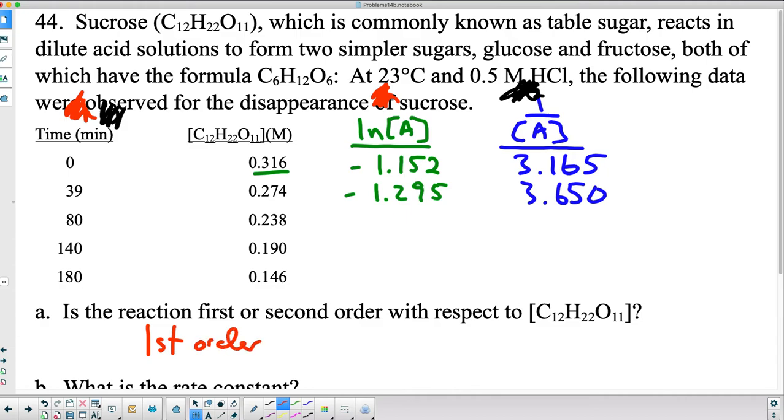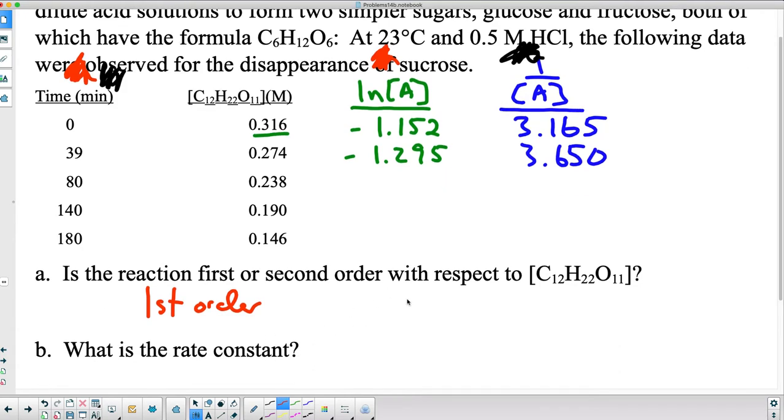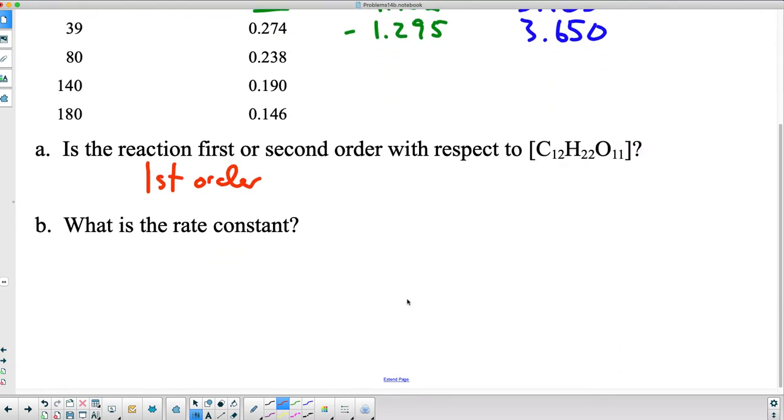What's the rate constant? That's the next question. If we know it's first order, sorry, I'm flipping the page to get to where I want to go. If we know it's first order, which it is, then k is just the negative slope.